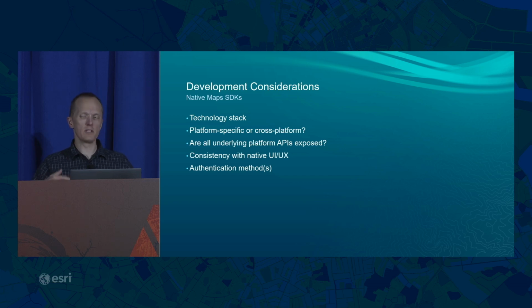So by authentication methods, I'm talking about things like OAuth or PKI, certificate-based authentication. So some of the platform APIs have implications for which of those methods are available. What's the HTTP stack that the underlying platform is built on? So often this plays into the authentication area as well.